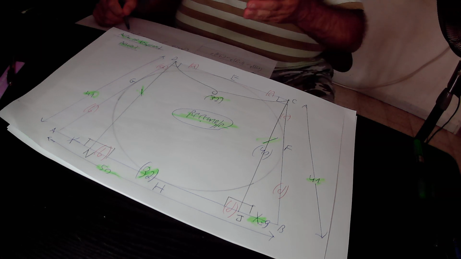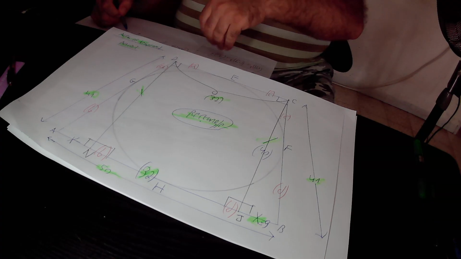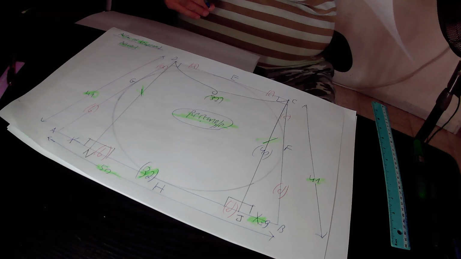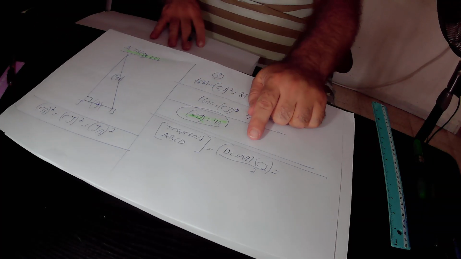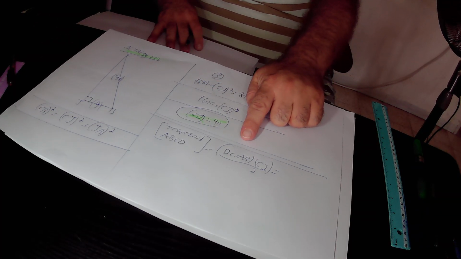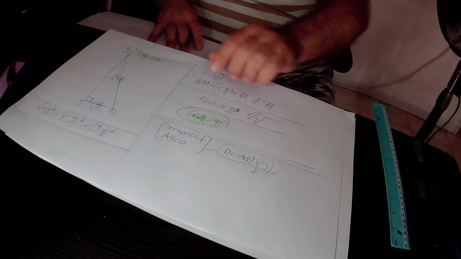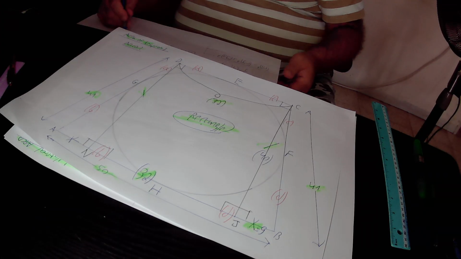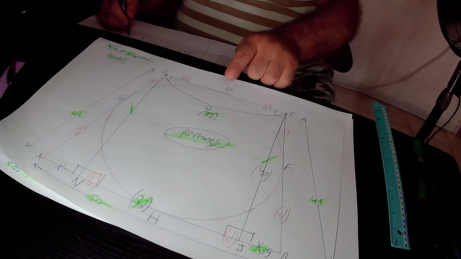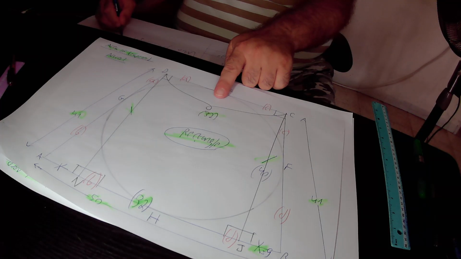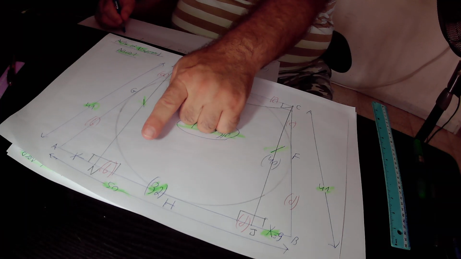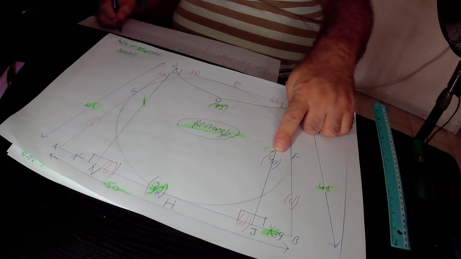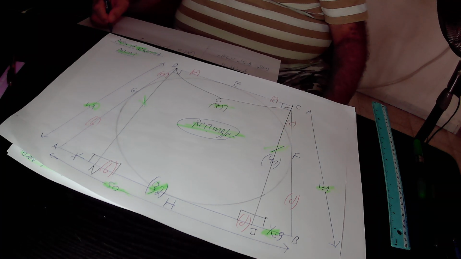And again, the area of this trapezoid ABCD, that is the area that we are looking for in this question, is equal to the sum of its two parallel bases, DC plus AB, times the height CJ over 2. DC is 32 plus AB is 50 times CJ is 40 over 2.